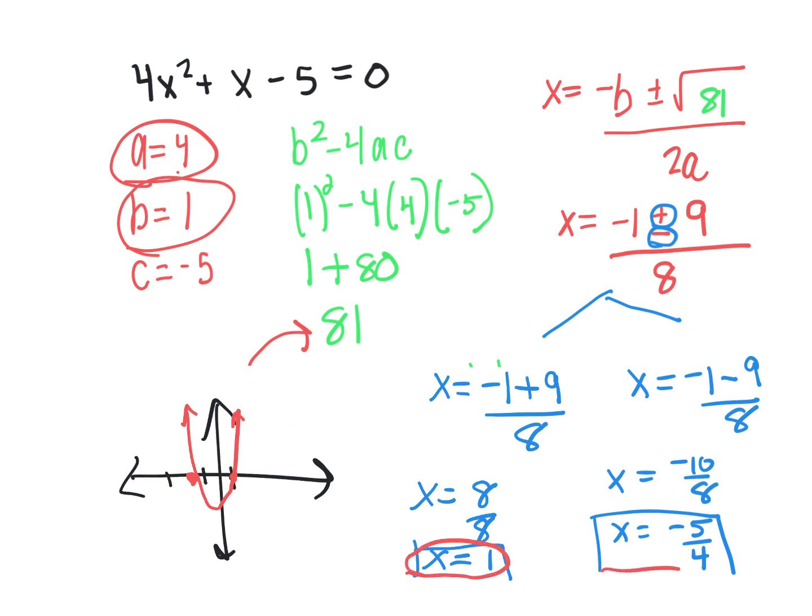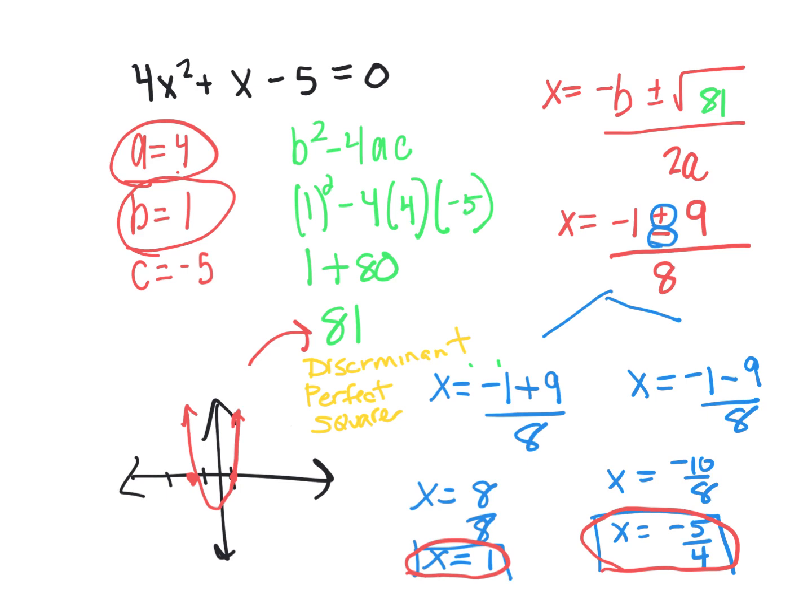What you may notice as we go into next week and look at all of our different types of solving is that if our discriminant is a perfect square, this problem could have been done by factoring.